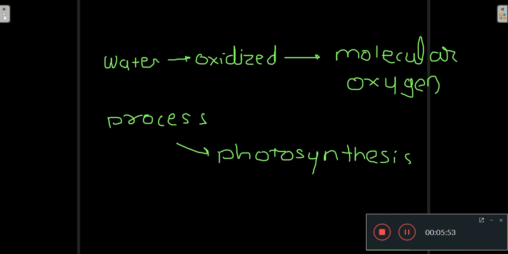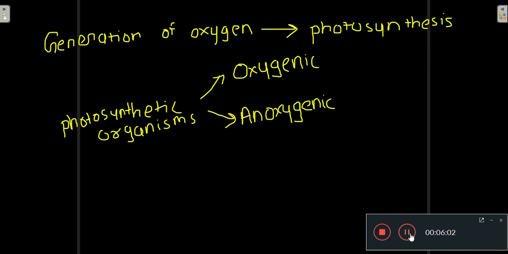So water is the source of molecular oxygen in oxygenic photosynthetic organisms. That is how the classification of photosynthetic organisms is done. If the organism is producing oxygen, then it is an oxygenic photosynthetic organism, and if it is not producing oxygen but is doing photosynthesis, then it is anoxygenic.